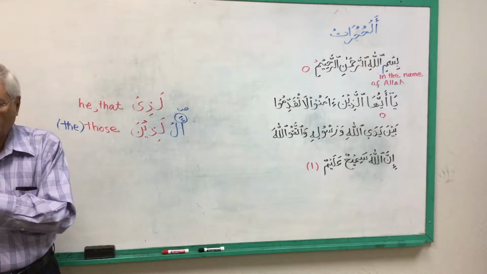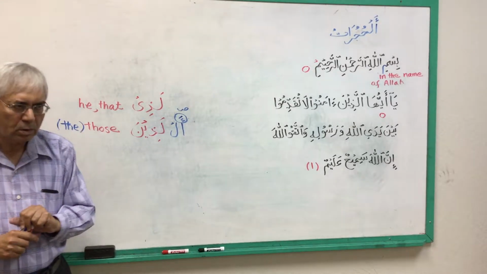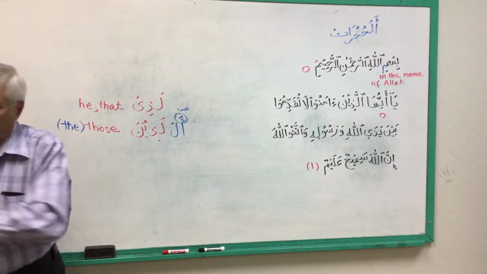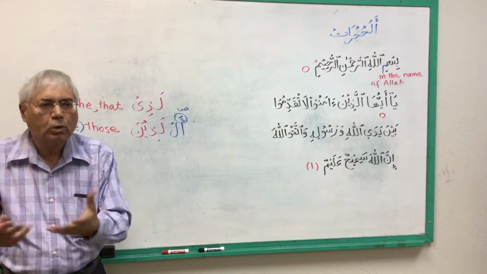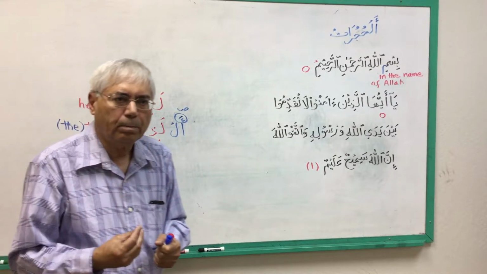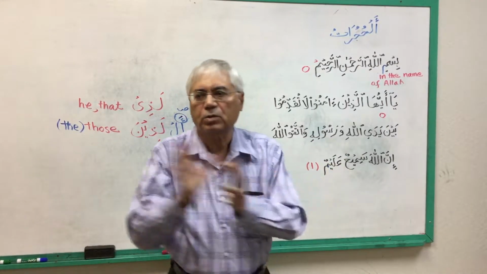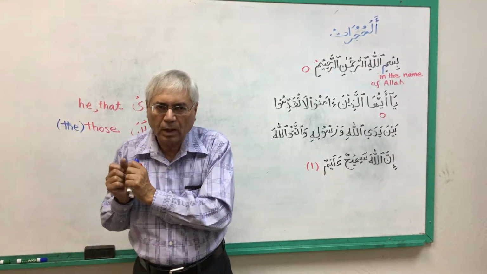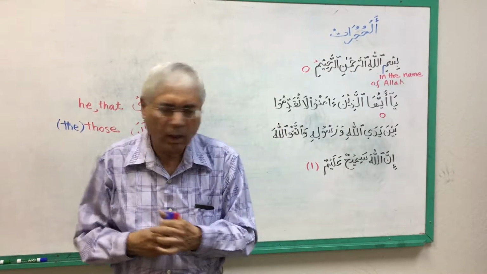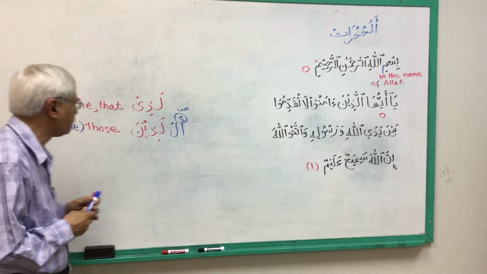So the meaning is, oh those, Allah subhanahu wa ta'ala is addressing some people, oh those people. But who are those people? Whenever the word Alladhina comes, Allah subhanahu wa ta'ala is talking about some people, and then he defines who those people are. Okay, so let's look after that.